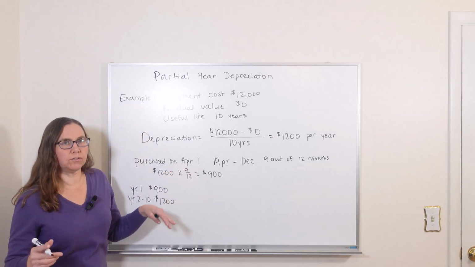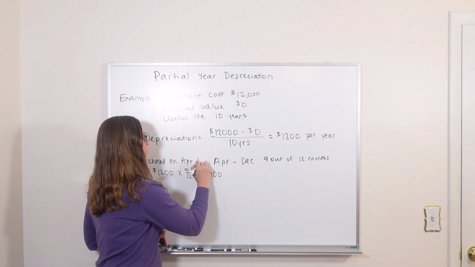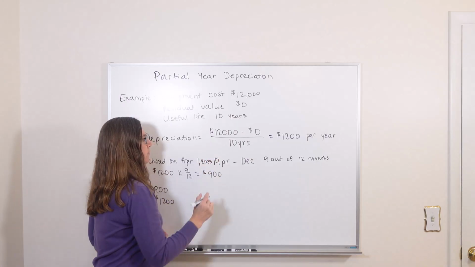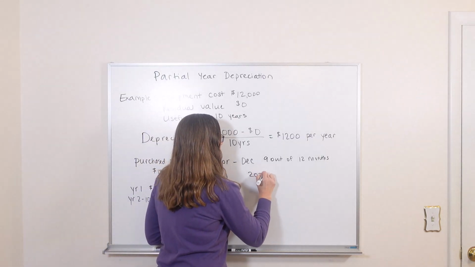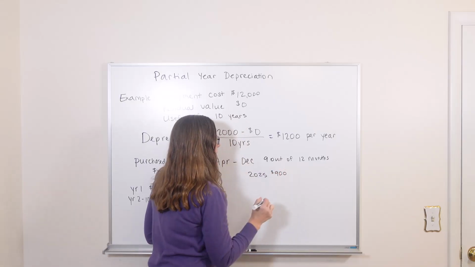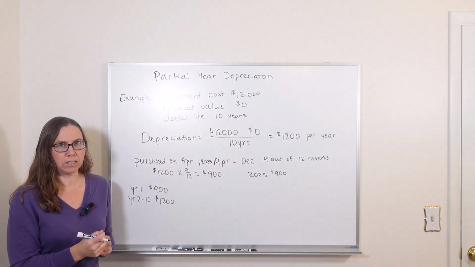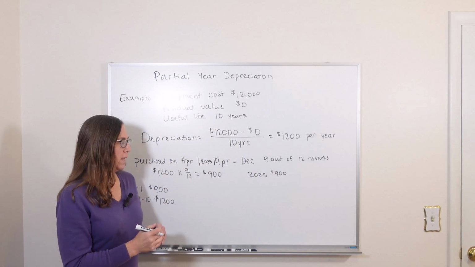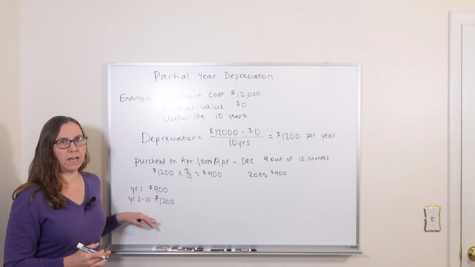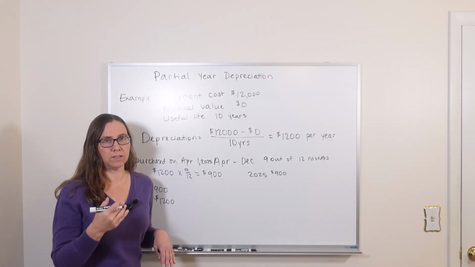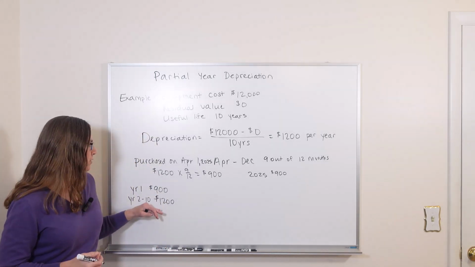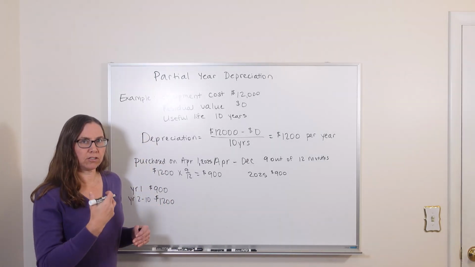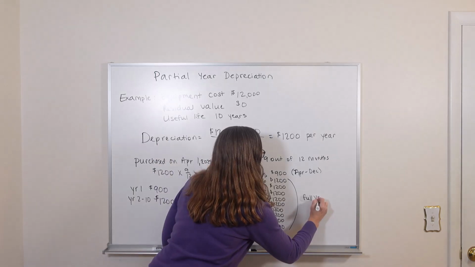So we're just going to assume that they purchased this on April 1st, 2025. So that means in 2025, it was $900 of depreciation. And then for the next years 2 through 10, which would be years 2026 through 2034, they would depreciate for the $1,200. So I'm going to actually write out all those years.